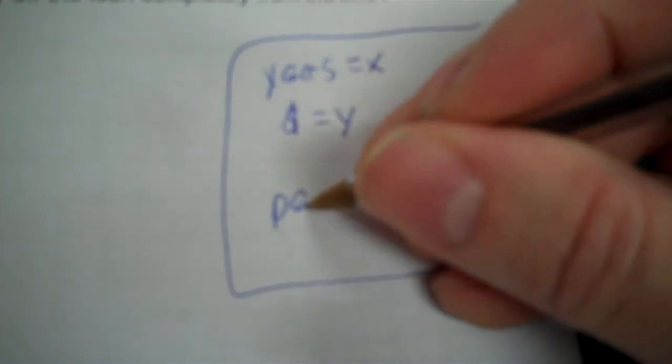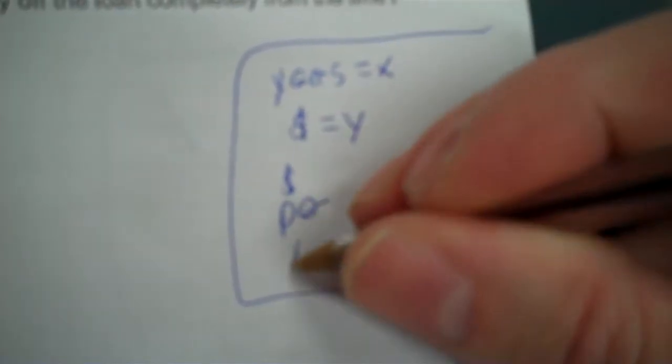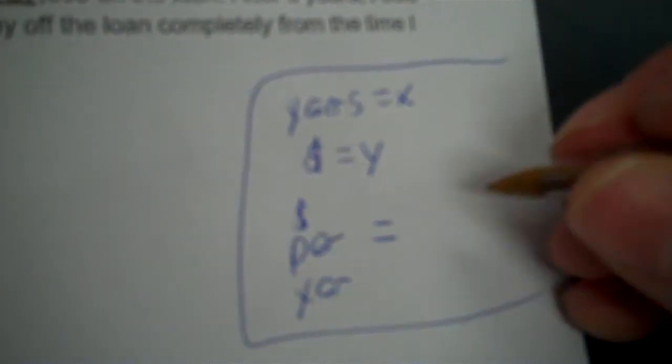Per. Dollars per year. Now they never told us a dollars per year rate, so I'm going to put M, okay? And then I do my table differently when I put M. Years and money, you put 0, but you can't go to 1 and 2, okay? So you're going to put 3 with $7,000.